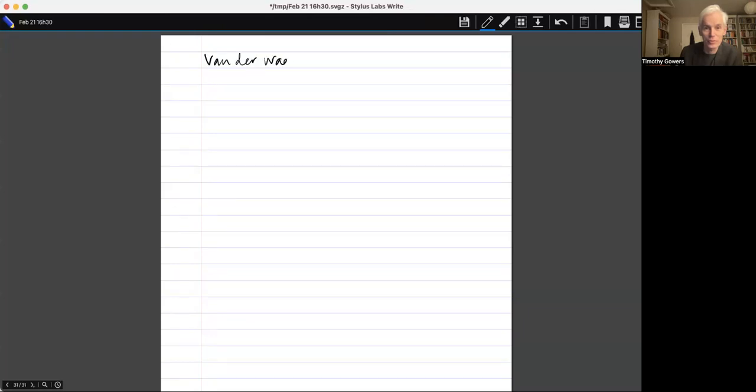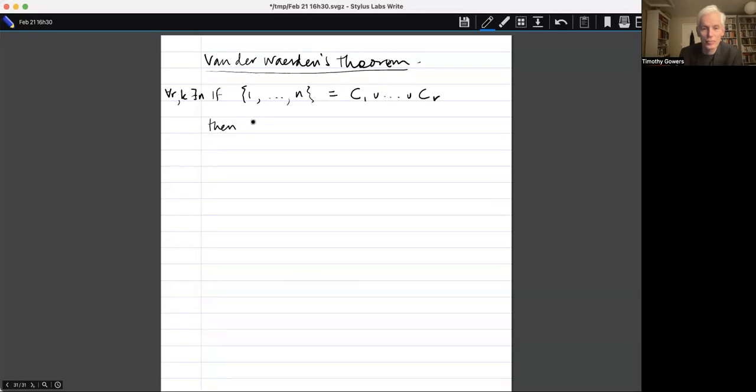So van der Waerden's theorem says that for all r and k there exists an n such that if you colour the integers from 1 to n with r colours, then some colour class contains an arithmetic progression, which I will always abbreviate by AP, of length k.